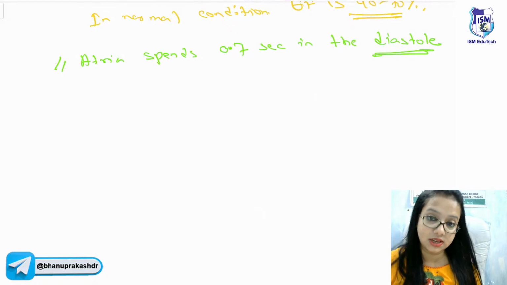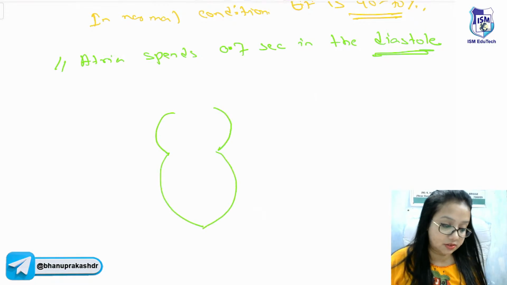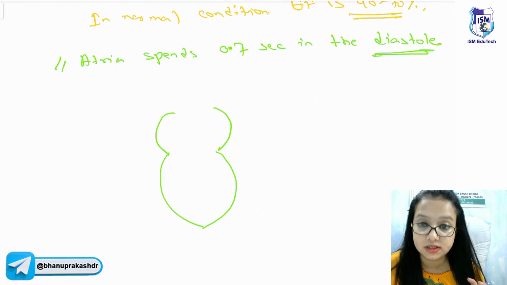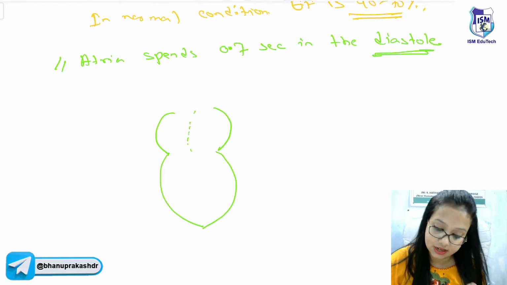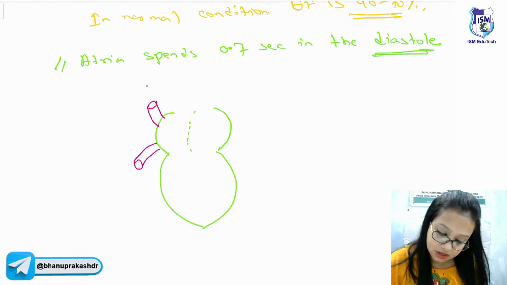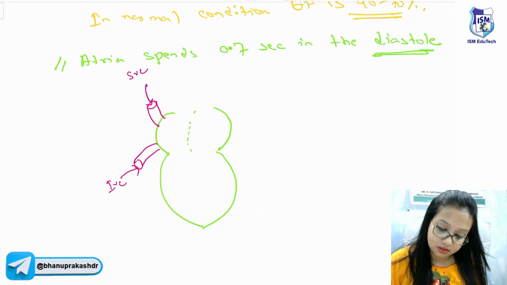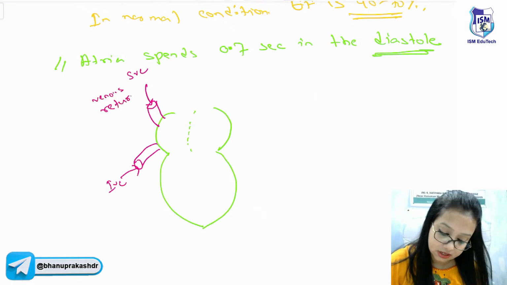Now, coming to the atria. This is the atria. So, atria, from where does it get filled? Which are the ways by which it gets filled? So, this is our right atria and this is our left atria. The right atria receives blood from the systemic circulation via the superior vena cava and inferior vena cava, and this process is called venous return.